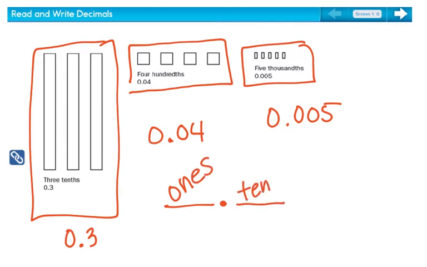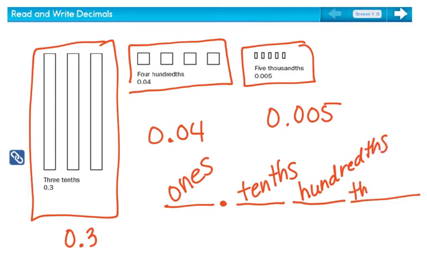The first place after the decimal is called the tenths. The next place is called the hundredths. Here my TH on the end. And the third place is the thousandths. So we will work on numbers to the thousandth place.